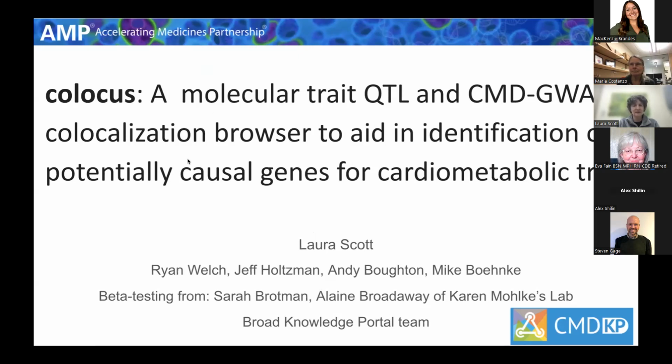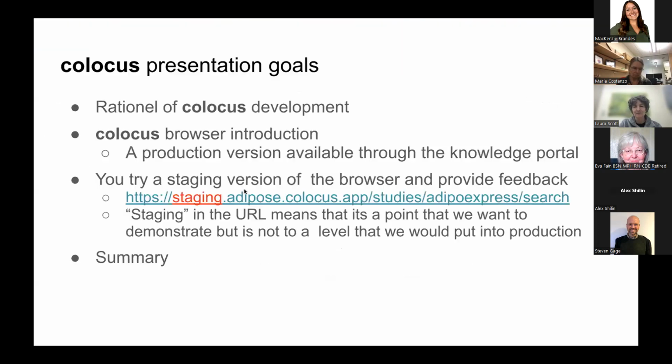A little background on this. What I want to tell you briefly about today is a tool that we've been developing. And by we, I mean Ryan Welch, Jeff Holtzman, Mike Binke and I, called Colocus. It's a molecular trait browser specifically to look at colocalized signals.